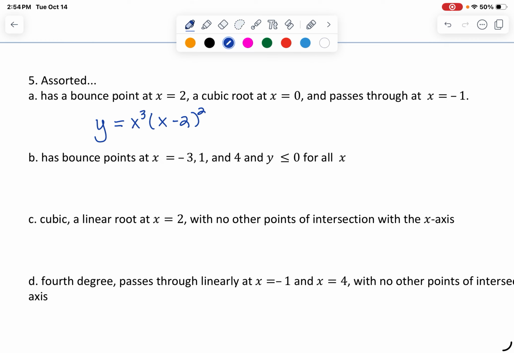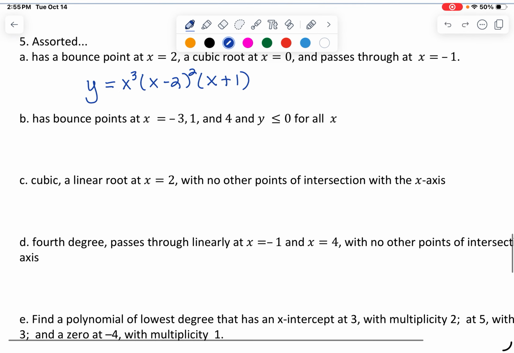A cubic root at 0. And passes through -1, so a factor of x plus 1. That'll work. And if the directions said of least degree, then those are the exponents I definitely want to use. If it doesn't say of least degree, this could be any even number and this can be any odd number.